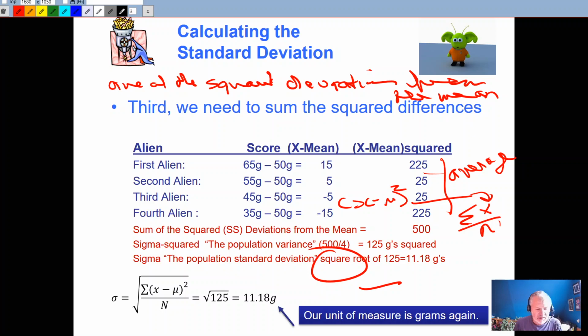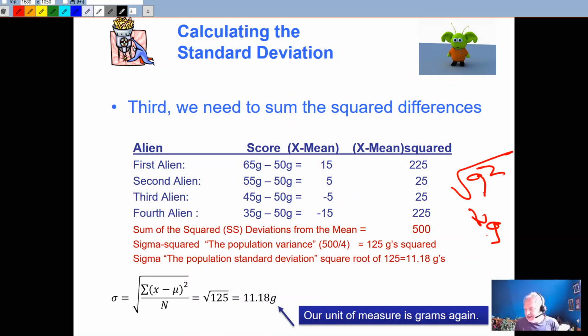If I take the square root of that, my unit of measure now becomes just grams. So to convert it back to its original unit of measure, I take the square root of the variance, which is the 125, and my descriptive stat for dispersion, back in my original units of measure, is 11.18 grams. And that is the population standard deviation.